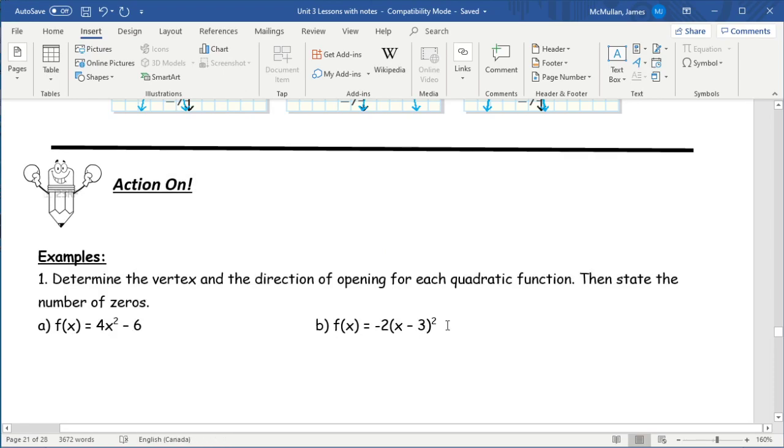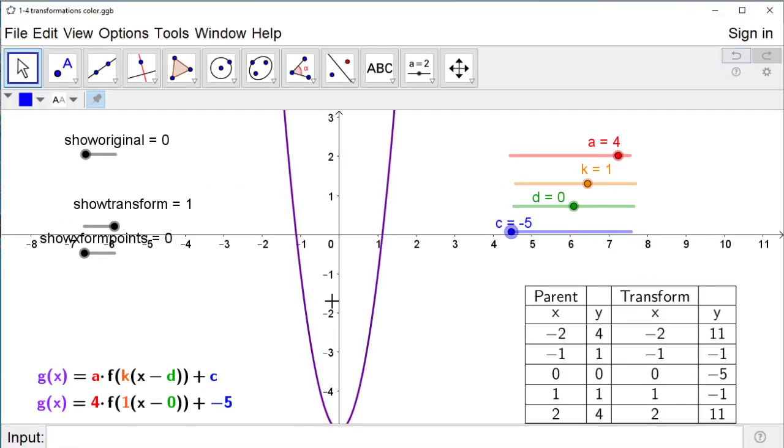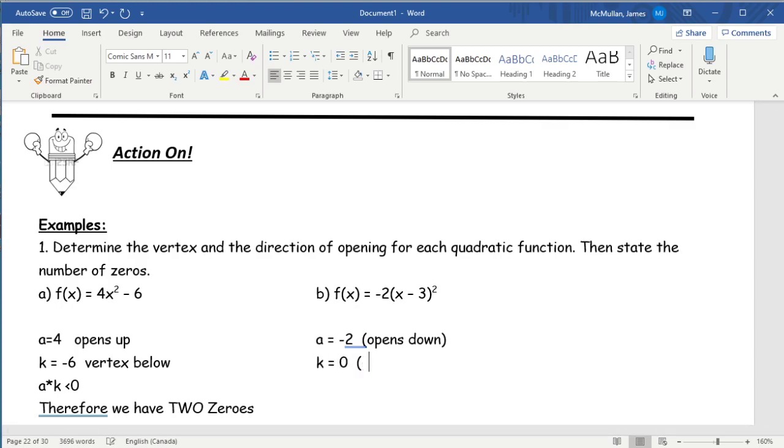Second question. The second question over here, we have a equals negative 2. It opens down. We have k equals 0. It is on the x-axis. And therefore, we have a times k equals 0, and therefore we have 1 zero.